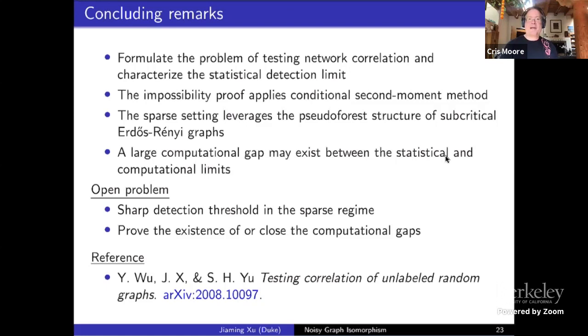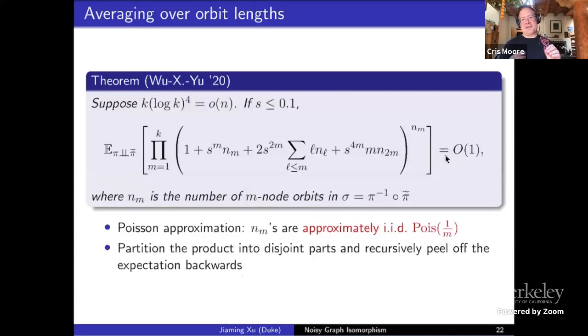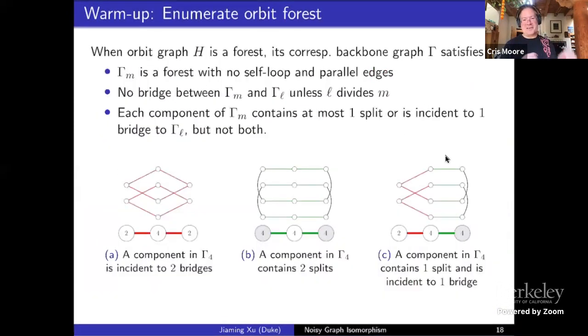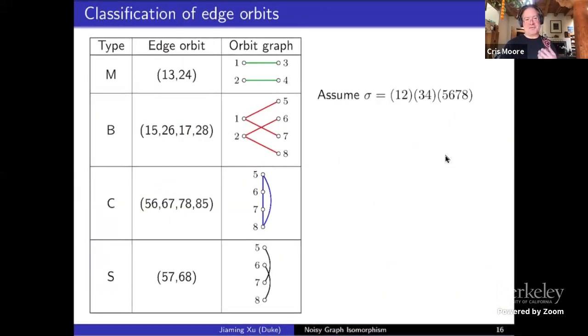Sure, Jiaming, I just want to make sure I understand the analytic heart of your calculations. If I understood correctly, the likelihood ratio that you get is a generating function of the cycle structure, where a cycle of a given length contributes something which exponentially decays in its length, and then maybe there's also something for the number of cycles.